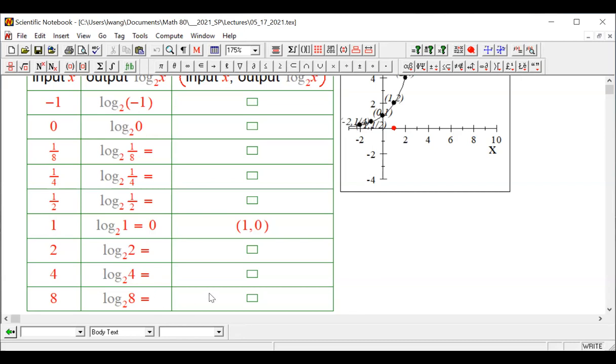Right, we start with the easy. Log base 2 of 2 is equal to, and log base 2 of 4, 4 is 2 squared. 8 is 2 to the power 3. Hopefully that hint will help you. What is log base 2 of 2?